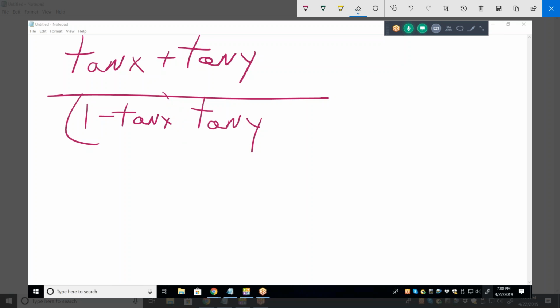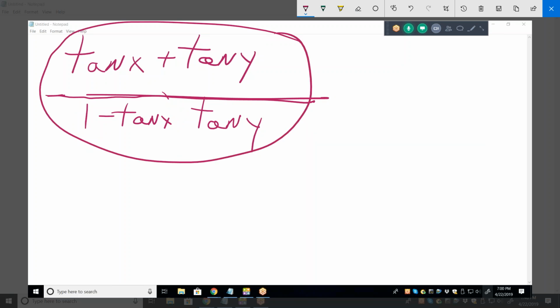Why is that? Why are there no parentheses there? Is it because you can't multiply tangents? No? What does this look like? Oh, the same. That's the sum and difference formula, only it's the right side. So what's that equal to?